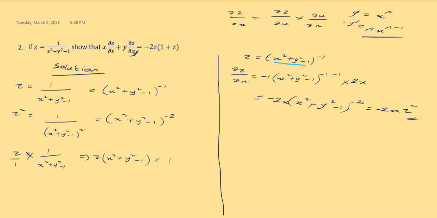Now let us differentiate with respect to y. Now I have dz dy equal to, if you look at this one again, that's what I'm using. I have minus 1, s square plus y square minus 1 raised to the power of minus 2, because at the end of the day you will do negative 1, negative 1, it will give you negative 2, multiplied by the derivative of what is inside the bracket.